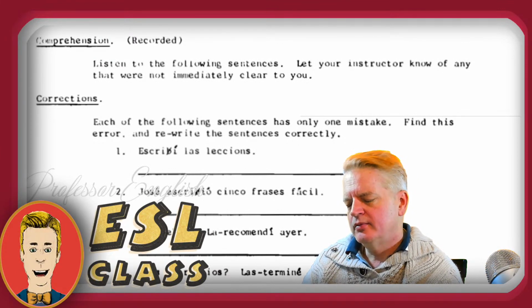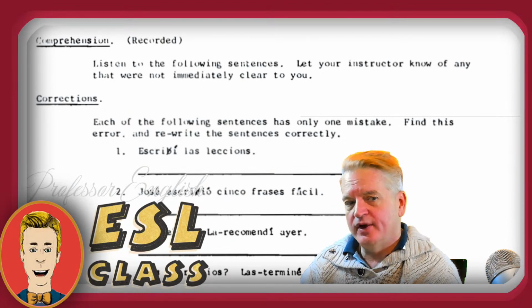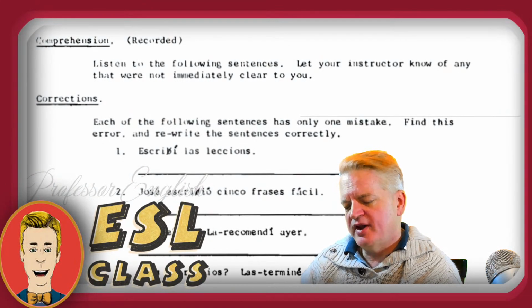Number 50. Gómez y Sánchez no eran altos cuando eran niños. Number 51. Nora y María no eran altas cuando eran niñas. Nora and Maria weren't tall when they were children. Number 52.